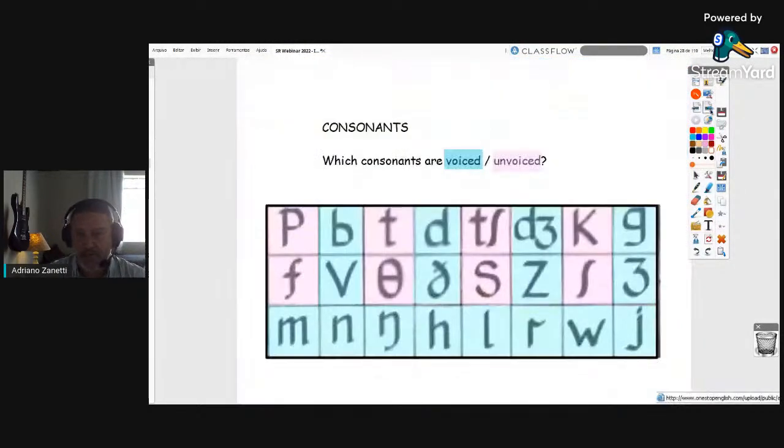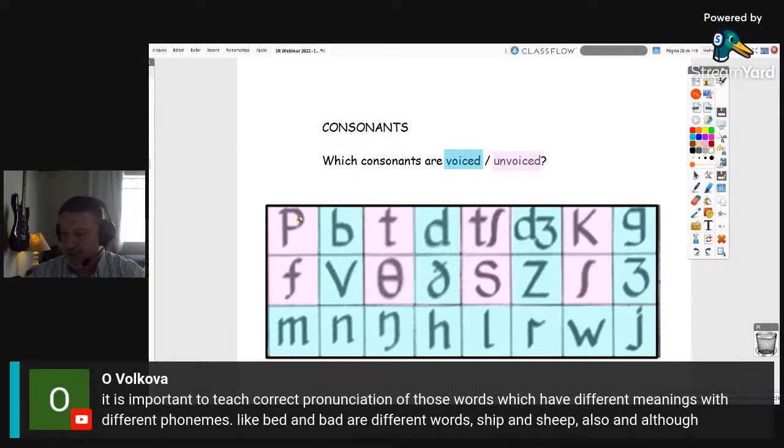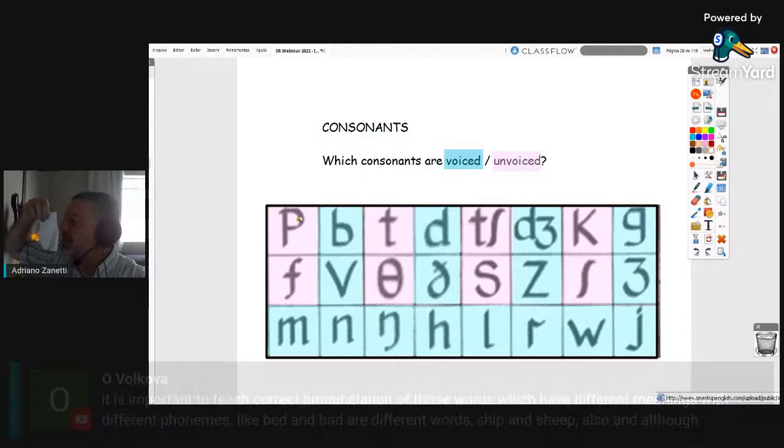And here we have the difference between voiced and unvoiced. A typical activity for this, which I usually do in the classroom, is you get a sheet of paper and you go like b, b, b. Then you go for t, d, t, d.